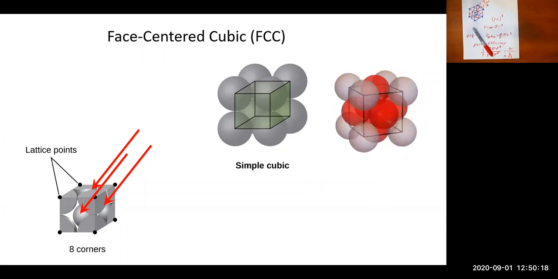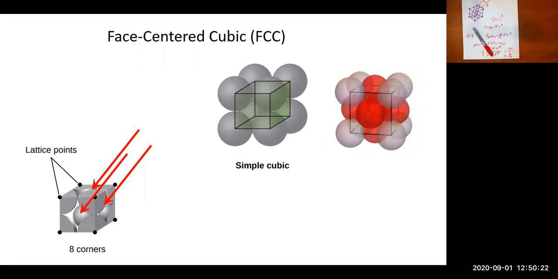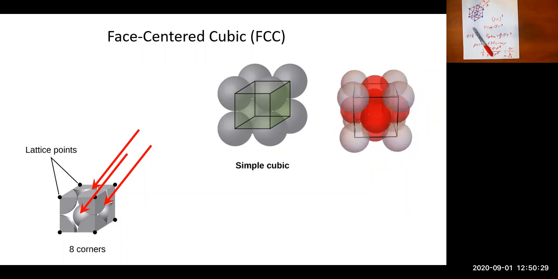And experimentally, there are some techniques we can use, X-ray diffraction and electron diffraction in particular, that will directly let us measure the side lengths of unit cells.